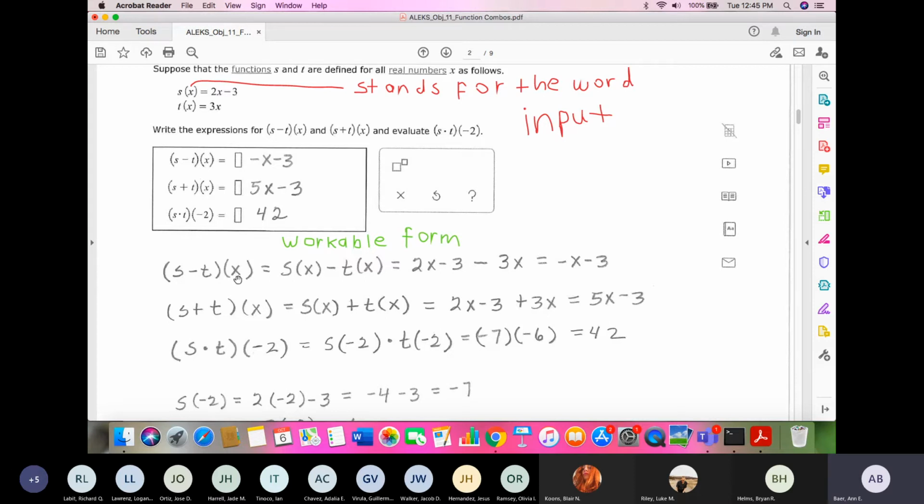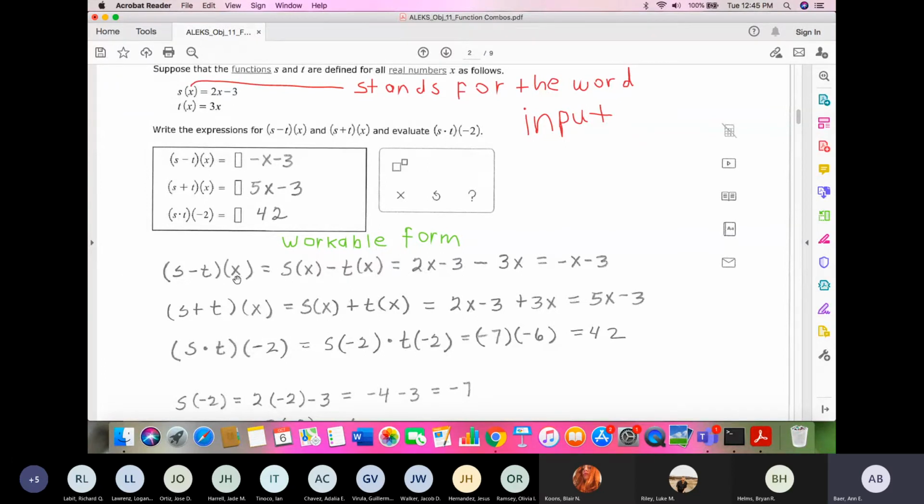This is just shorthand right here, s minus t, parentheses x. So we want to convert it to a workable form, something that's easy to use, where we can just look at the expressions and know which one of these we want to use up here, and it's crystal clear. So we start with s.